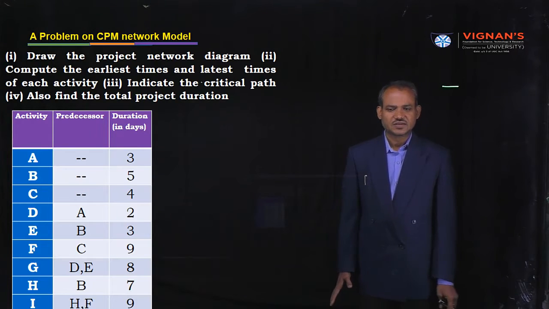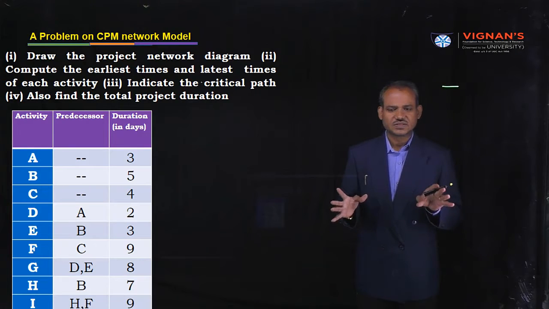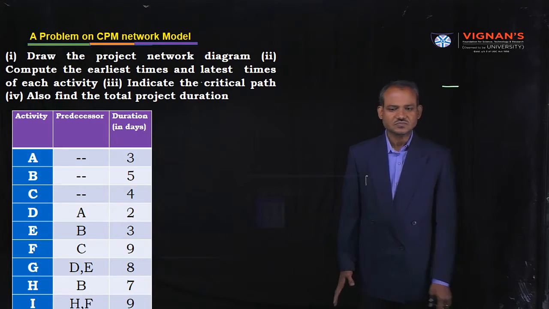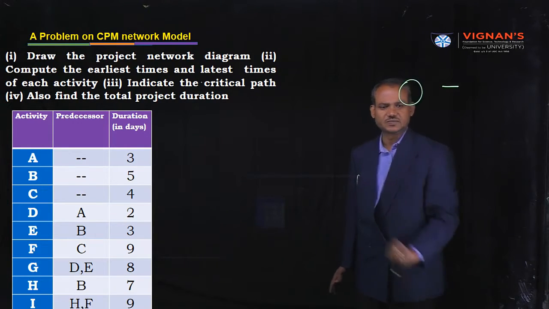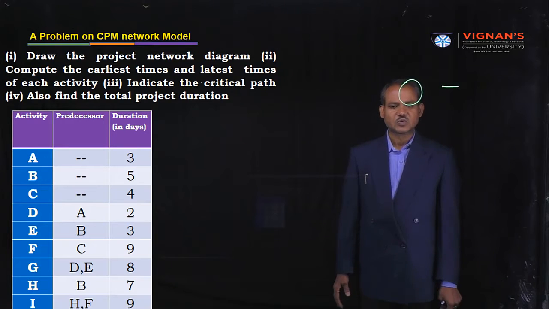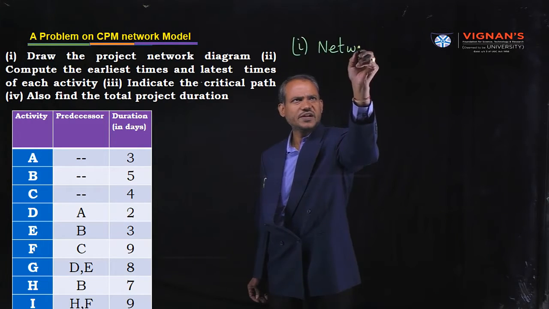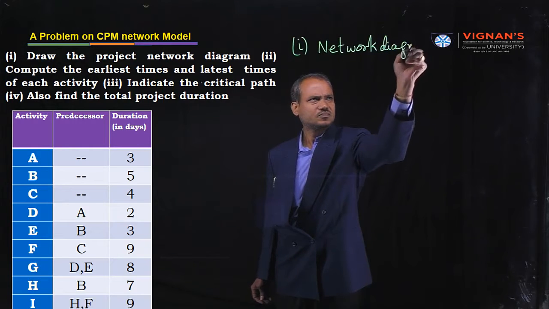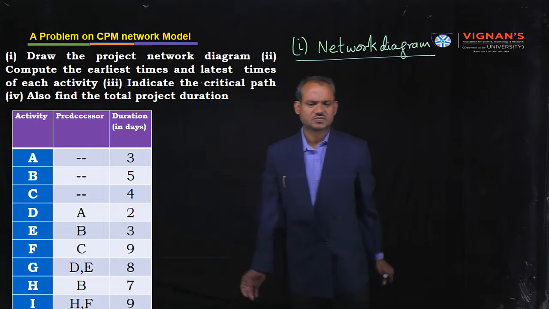Parallel work is going on. Three activities are started at one node. This node is represented with one small circle. This is known as node. First bit is network diagram.